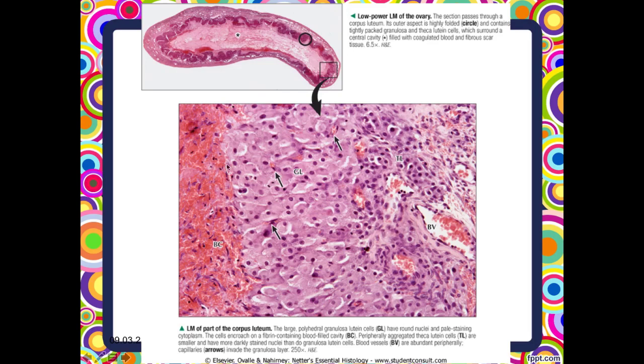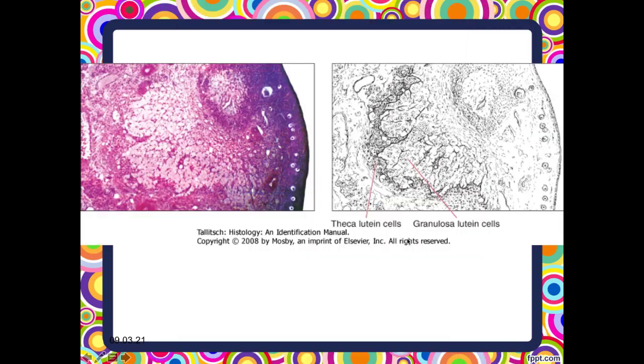But now, in the state of development of corpus luteum, the blood capillaries move from the theca interna within the layer of granulosa lutein cells. And these are theca lutein cells producing the hormones.